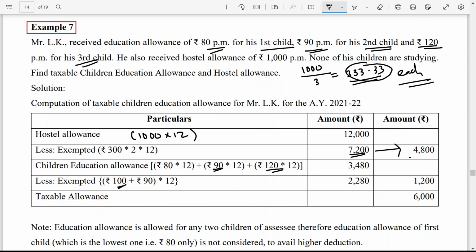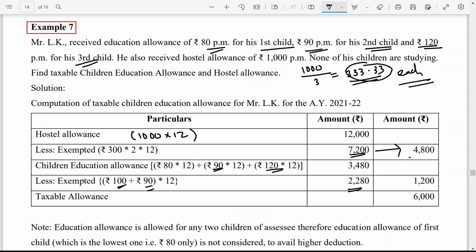And between 80 and 90, you choose 90, because in this you will get more deduction. If you choose 80, then you will get less deduction. Everybody prefers to get more deduction, because by taking more deduction, they pay less tax. So that is why 100 plus 90 into 12, which is 2280. So how much is taxable? 1200 is the taxable portion. If you deduct 2280 from 3480, you will get 1200.